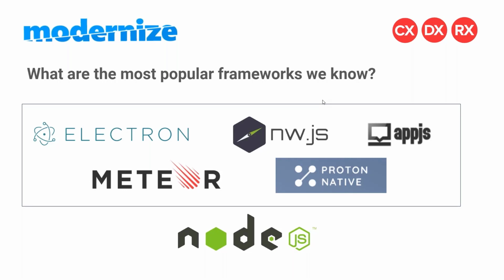Most popular for today, I think you can also Google it, are Electron, NW.js, AppJS, Meteor, and Proton Native, and all these JavaScript frameworks are based on Node.js, and that's a very important and interesting question.